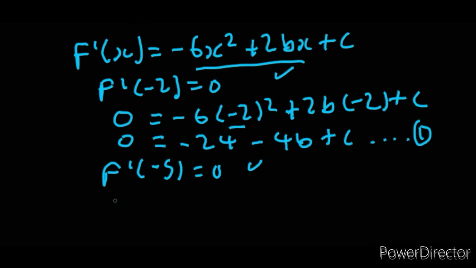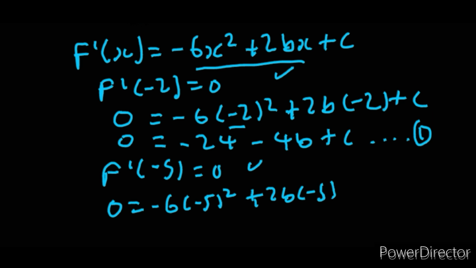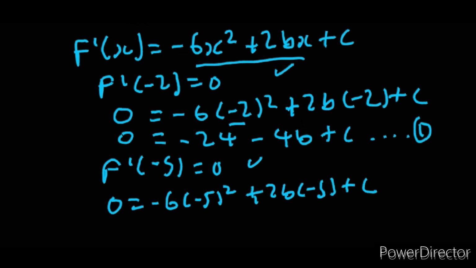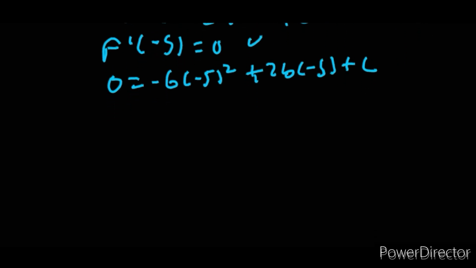So we're going to have 0 is equal to minus 6 into minus 5 squared plus 2b into minus 5 plus c. And then let's simplify the second equation. So we're going to have 0 is equal to, this is going to be minus 150.